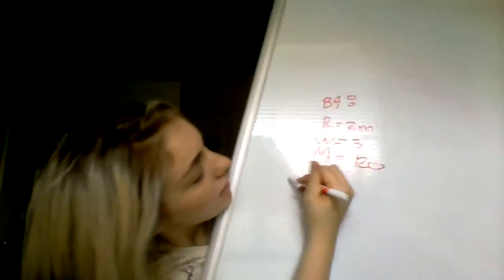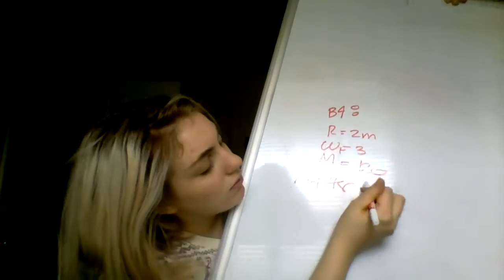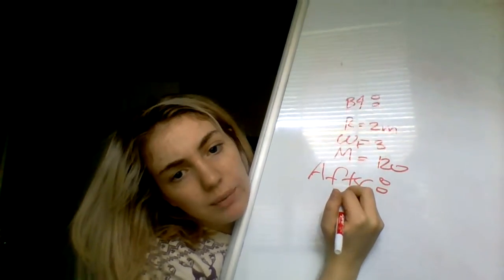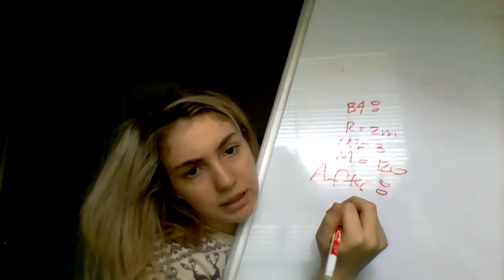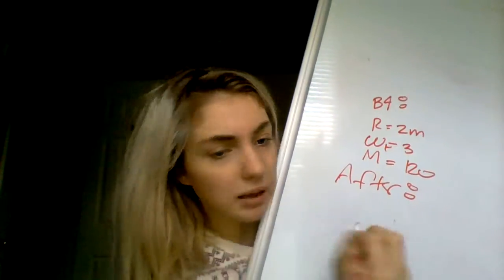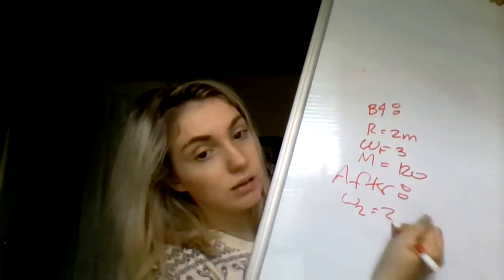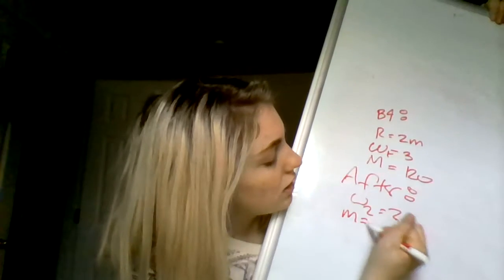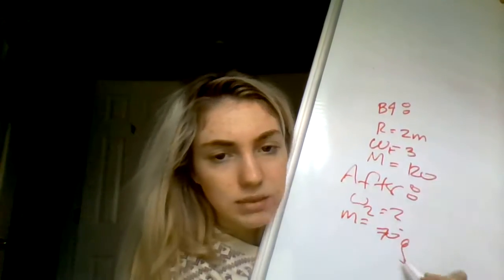And then after, we have W2. That's what we're finding. And then the parachutist's mass is 70 kilograms.